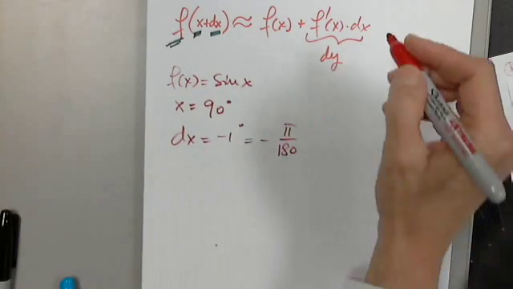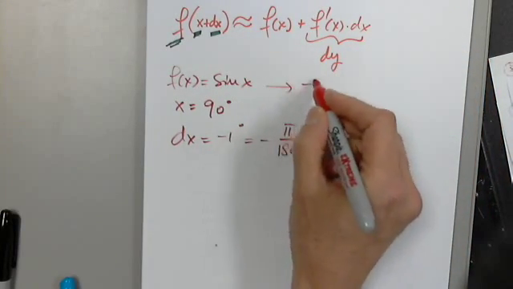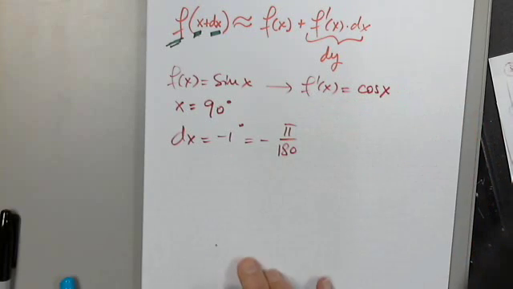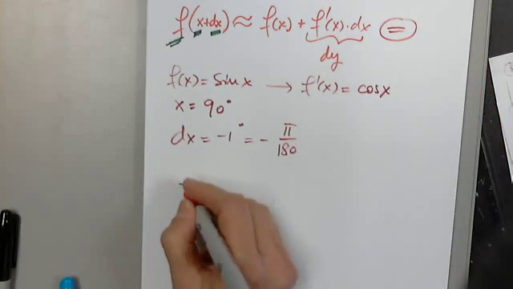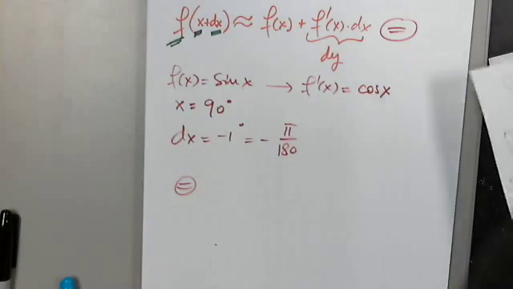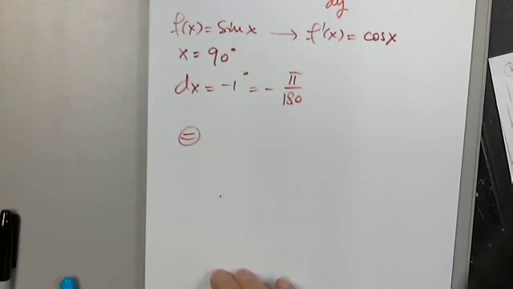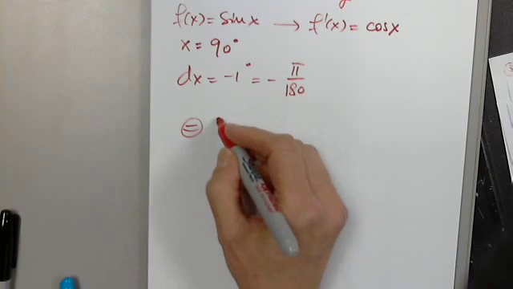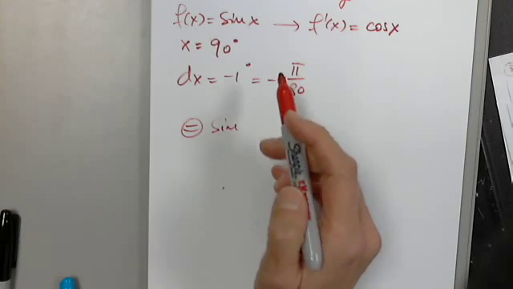Good. So knowing that the derivative of sine x is cosine x, then I can write what? So it's sine x plus cosine x.